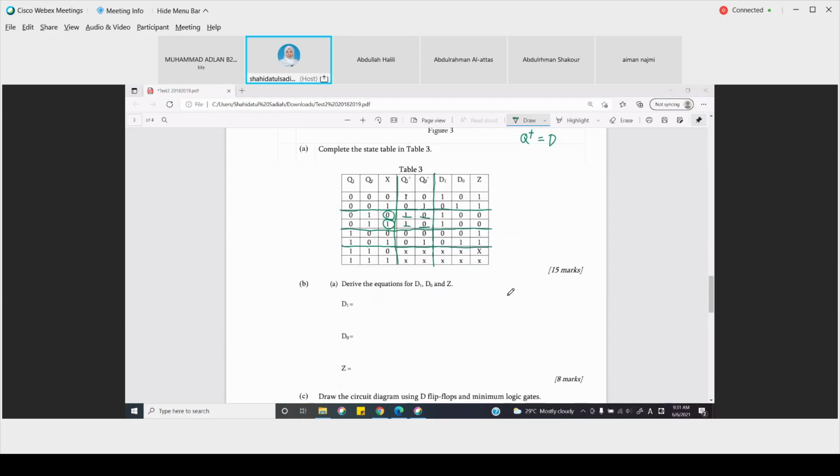And then we want to derive the equations. We can derive the equation by using the K-map. So let's do the K-map for D1.